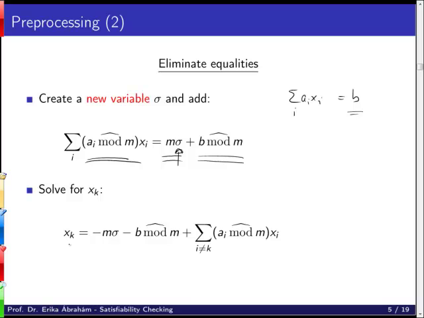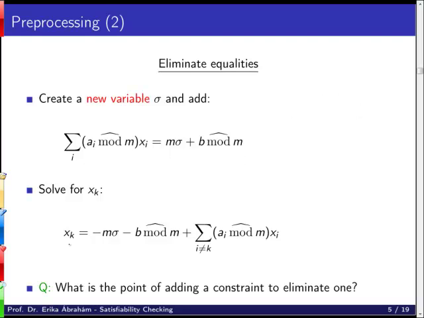And I can use this new one to eliminate one of the variables. But I also introduce the new one, sigma. So what is the aim of eliminating one variable and adding a new one? The aim is that we reduce the coefficients. This modulo, as I said, is shifted. That's why the coefficients, by applying it, will become smaller.